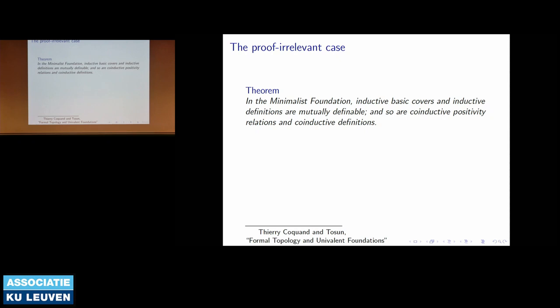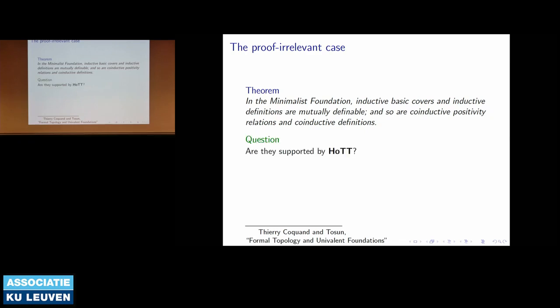So inductive basic covers and inductive definitions of Aczel are really the same thing, and the same goes for coinductive positivity relations and coinductive definitions. And notice that this theorem holds already in the minimalist foundation. So trivially, it holds also in Martin-Löf type theory, in homotopy type theory. But here's the catch.